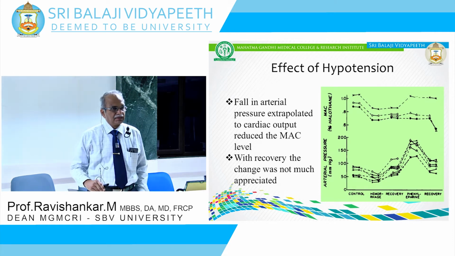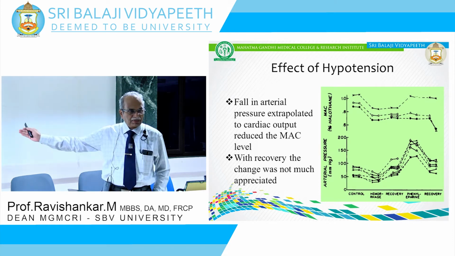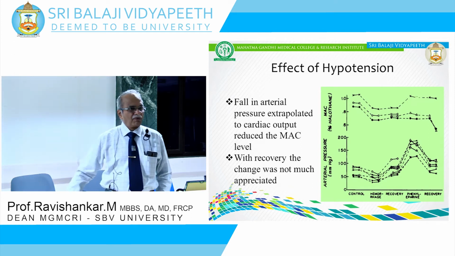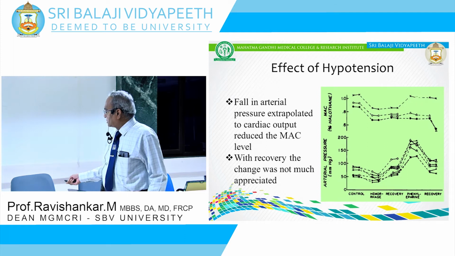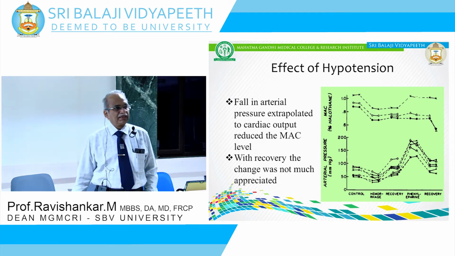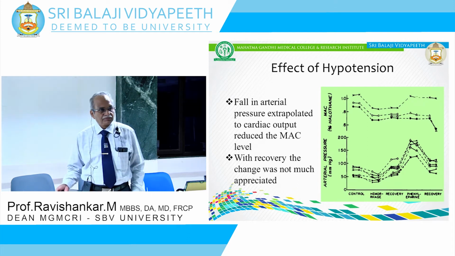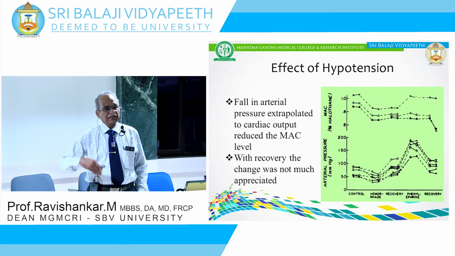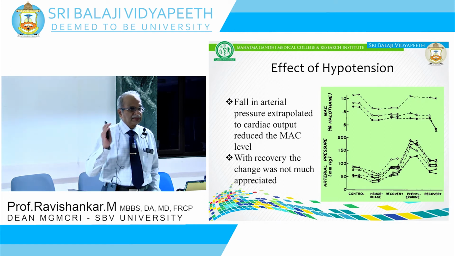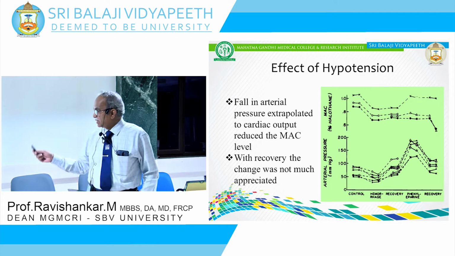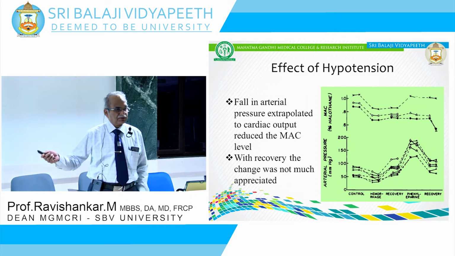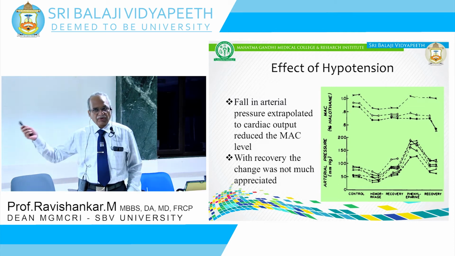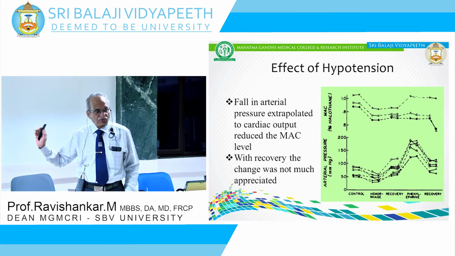So what does this mean? What do you interpret from this particular study? What have they interpreted? By infusing a vasopressor, we are presuming that we are taking the cardiac output up, which is not so. We are only increasing the pressure head. The cardiac output is possibly coming down because of the increase in the resistance. And the volume has been replaced with fluids. You have produced a hemorrhage to reduce the cardiac output, but you have brought it back to normal by infusing fluids.